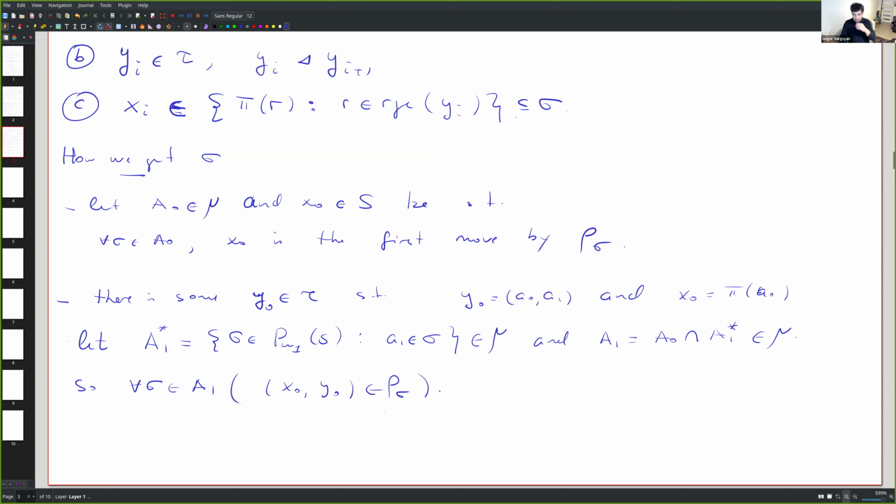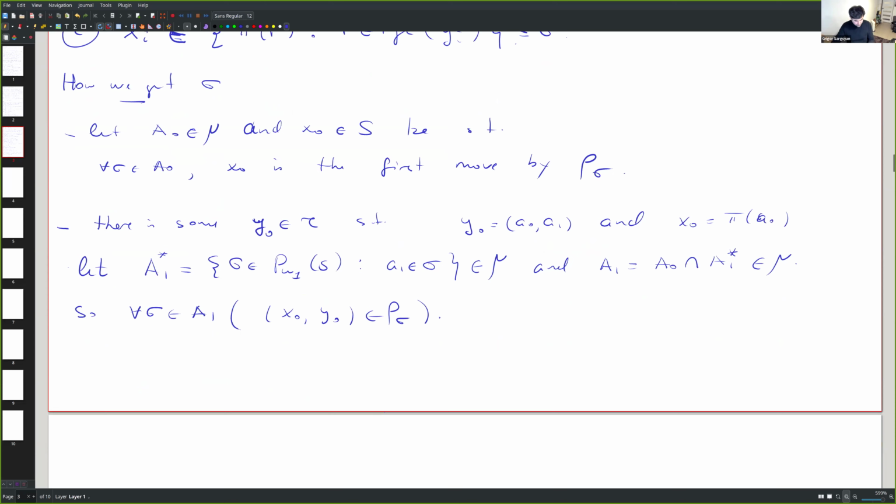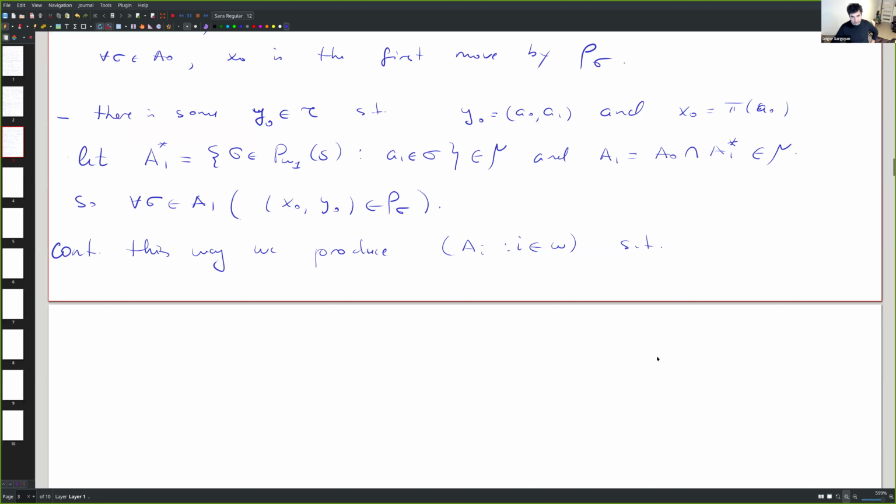Right? But I'm producing infinitely many steps. At step i, continuing this way, we produce Ai, i in omega, such that, what are the properties?